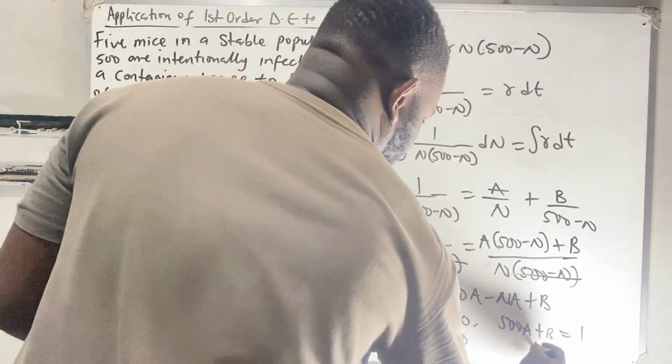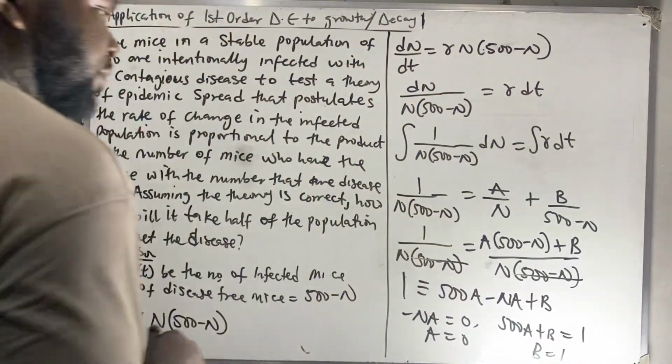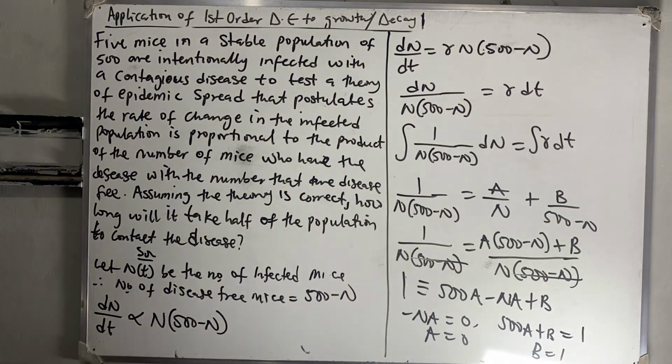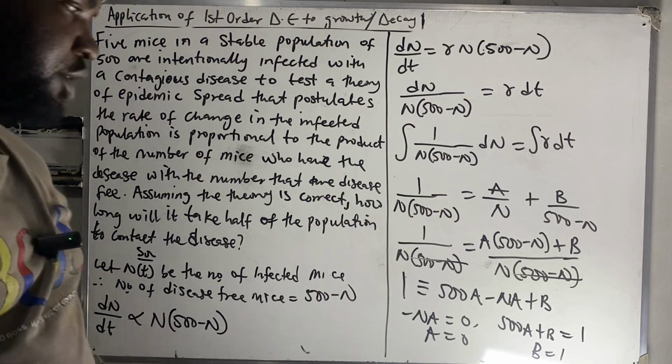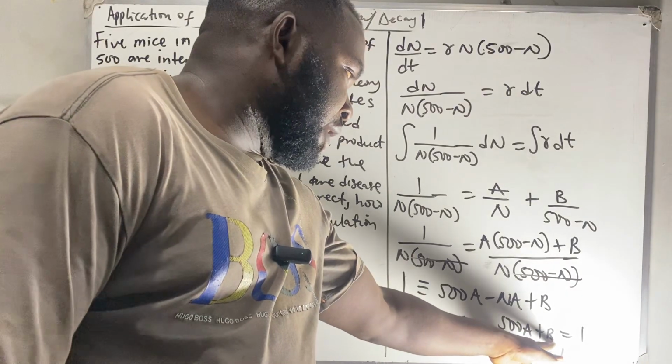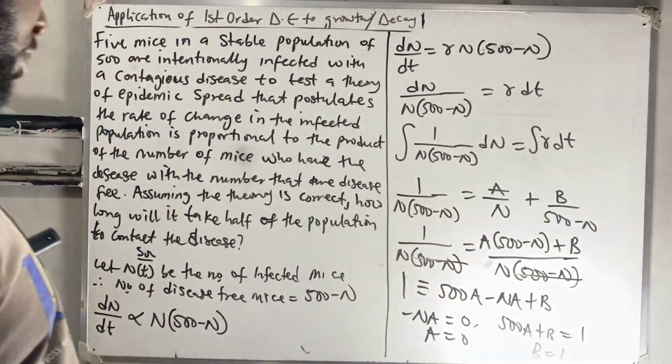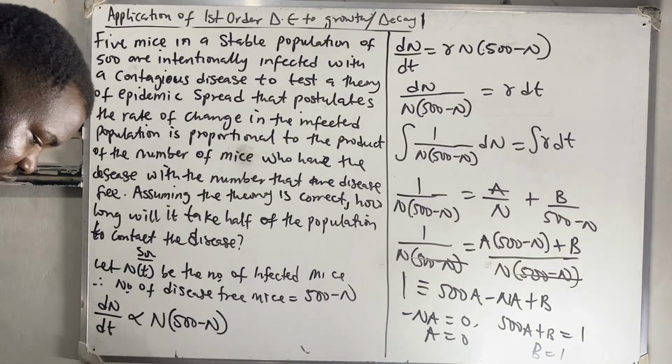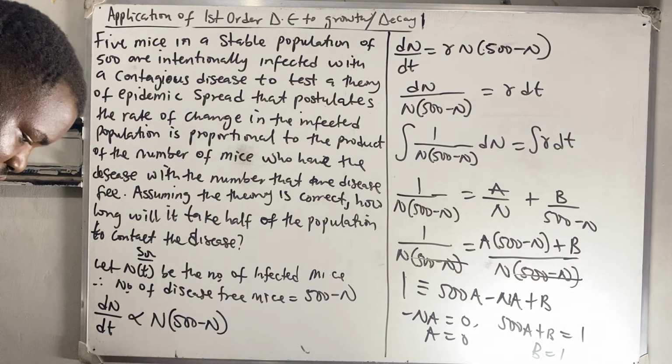So if A is 0 here, B is equal to 1. And if B is equal to 1, then A will now be equal to 0. And it doesn't work.